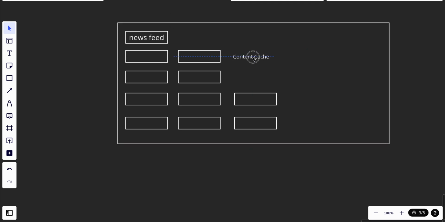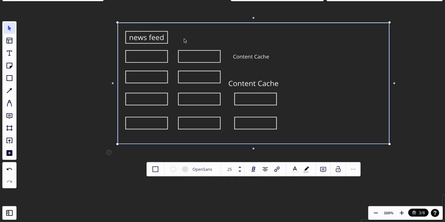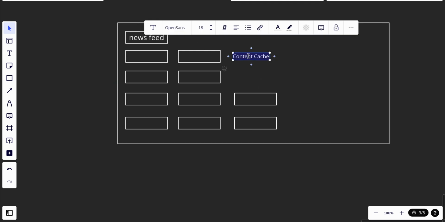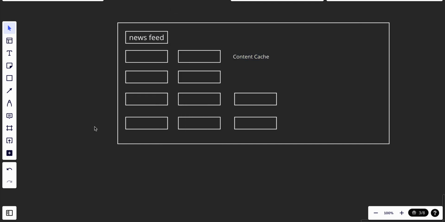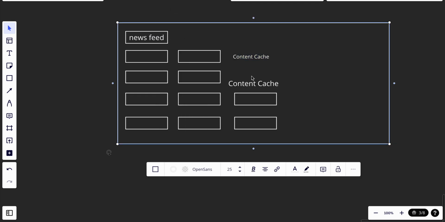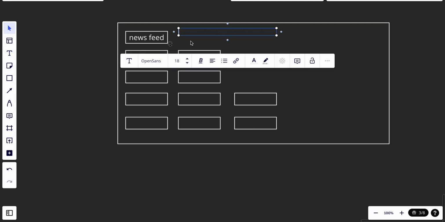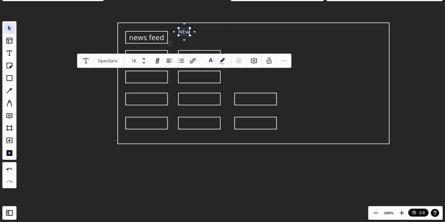So just put this one here, and this one is the newsfeed cache.